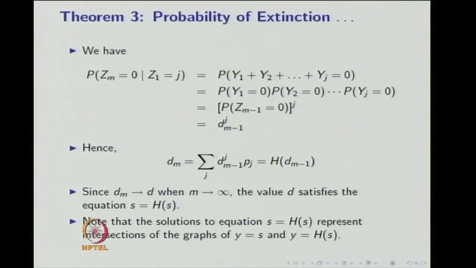Since dm tends to d as m tends to infinity, the value d satisfies the equation s is equal to h of s, because dm is equal to h of dm minus 1.